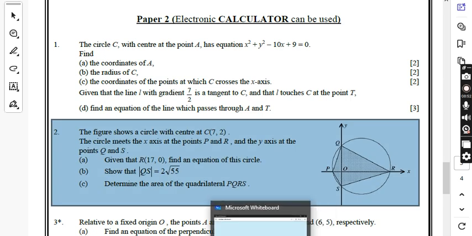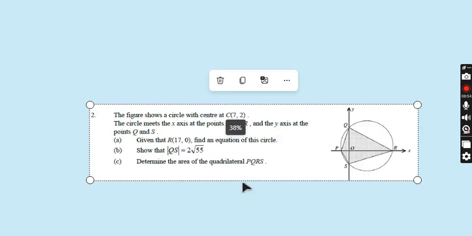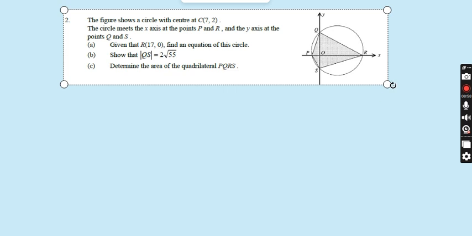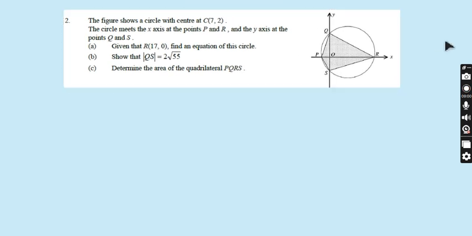See question number 2. More interesting question as compared to question number 1, but very easy. The figure shows a circle with center C (7, 2).